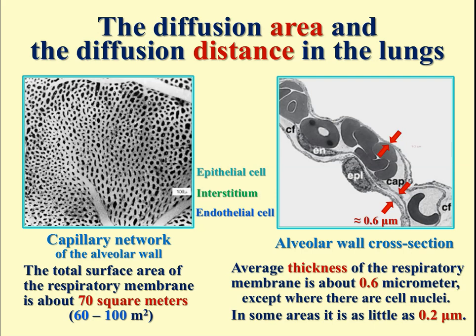If an oxygen molecule passes this very little distance, it immediately appears in the red blood cell, which is adjacent to the walls, and inside the red blood cells there is hemoglobin that binds oxygen. So in some areas molecules should pass a slightly longer distance, in some areas shorter, but here oxygen immediately appears inside the red blood cells.